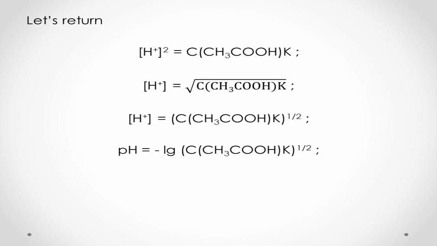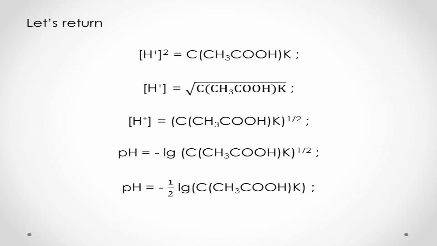This means that pH will be equal to the negative logarithm of this product raised to the power of 1/2. As we know from mathematics, when taking the logarithm of an expression raised to a power, the exponent can be moved to the front of the logarithm. Thus, we rewrite the expressions as you see here.